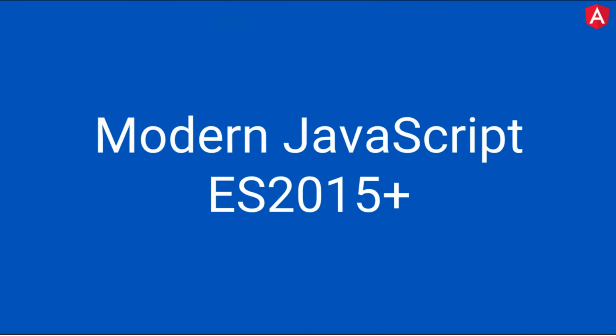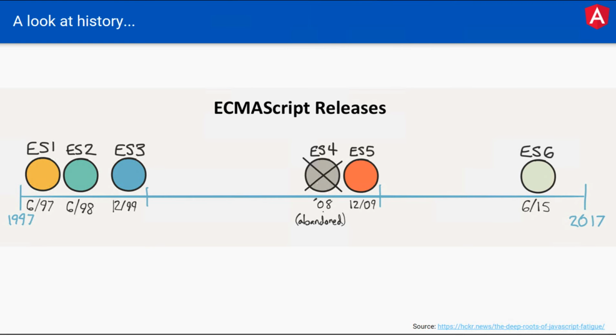Okay. Modern JavaScript, ES 2015 plus. This is ES6, and I just want to show you how this ES version was released. This will be useful when I'm talking about that particular module. Just to get an idea. Now we are in the ES6 standard. That is why we are using TypeScript, which adheres to the ES6 standards.